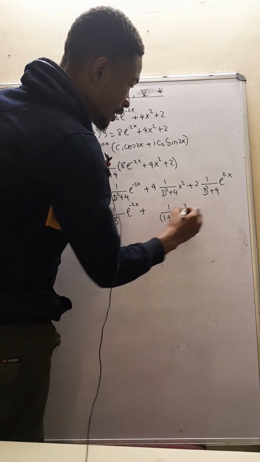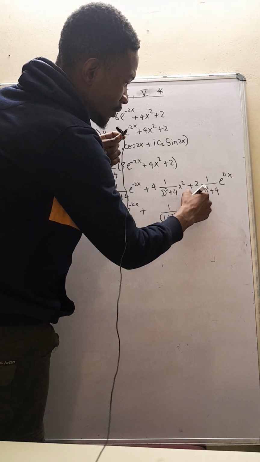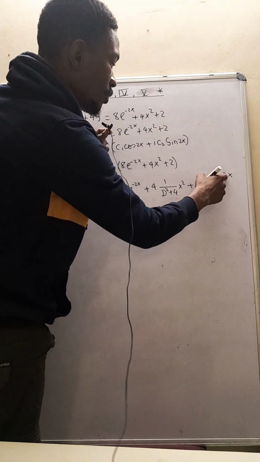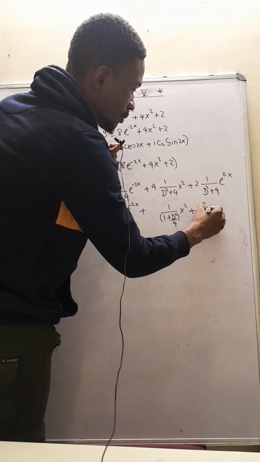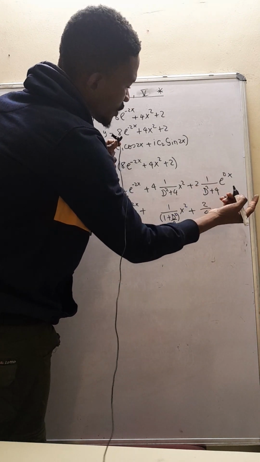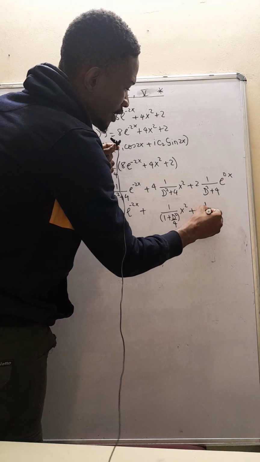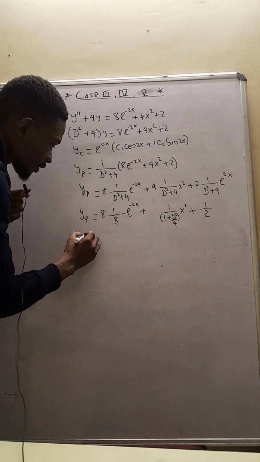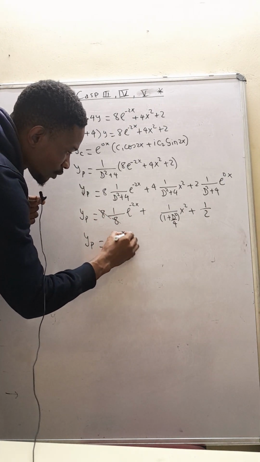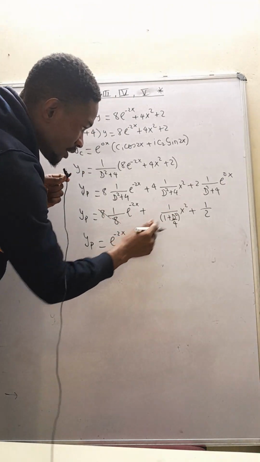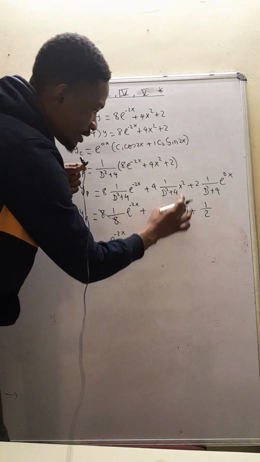Nice. Then what else? Plus 2, put 0 for D. If you put 0, you are going to have 4 only, so this will be 2 by 4. e^(0x) is 1, so no need. This and this you can simplify, it is 1 by 2. So yp, this also will be simplified, is e^(-2x), plus 1 by 2, then plus this expression.